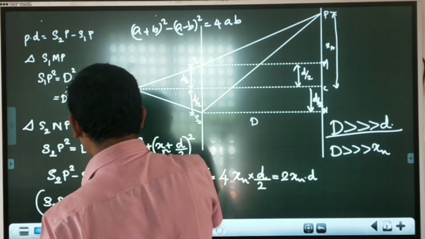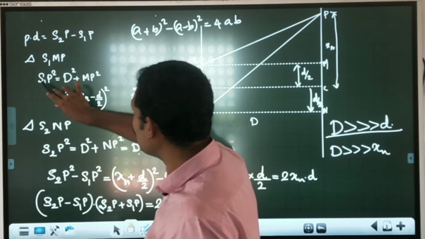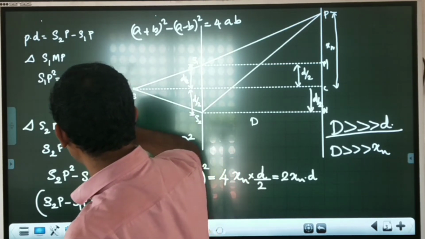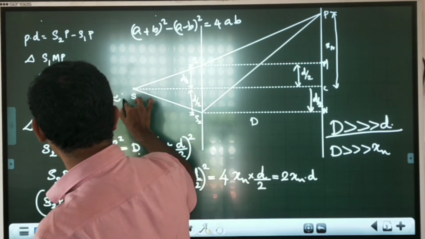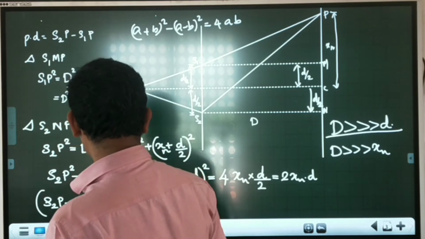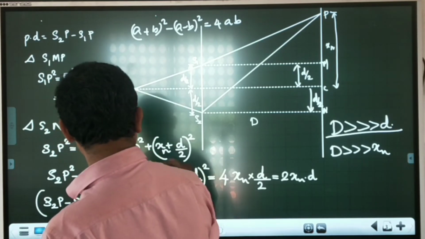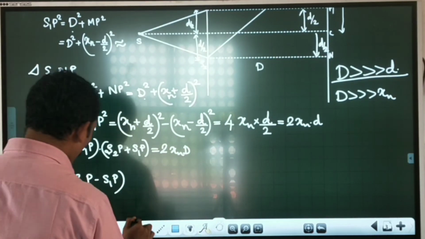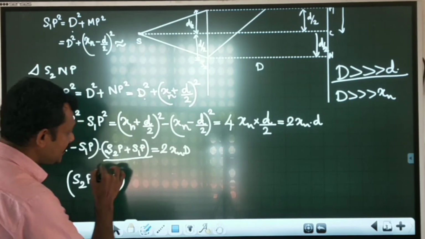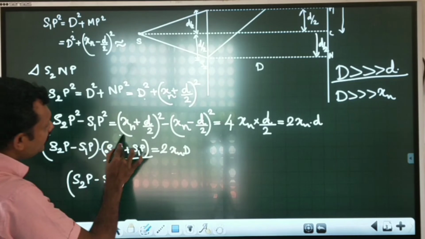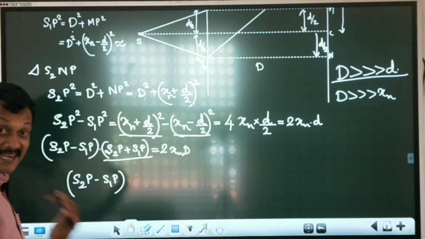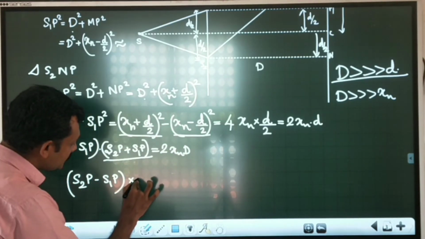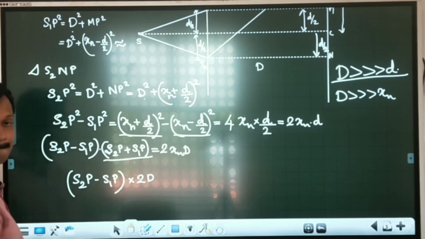You might be saying, sir, can't you write this as approximately D square? Yes, so that I am going to do. In the sum of S2P and S1P, the contribution of these terms is negligible. So I will take this as approximately 2D.